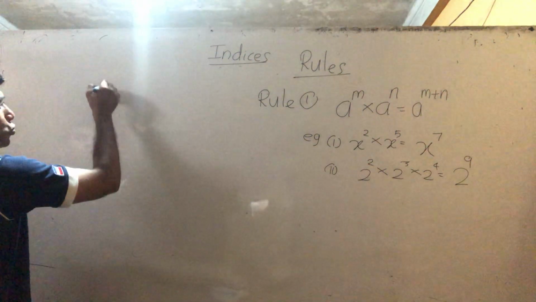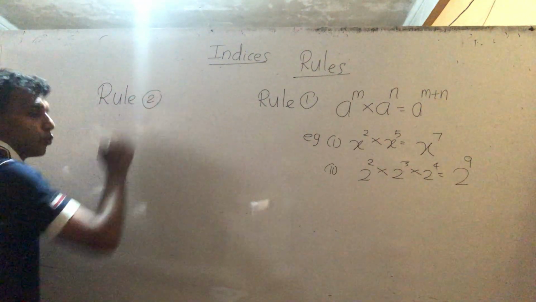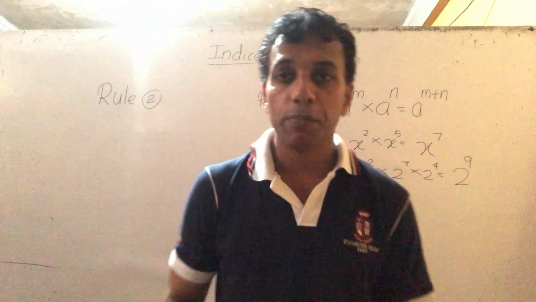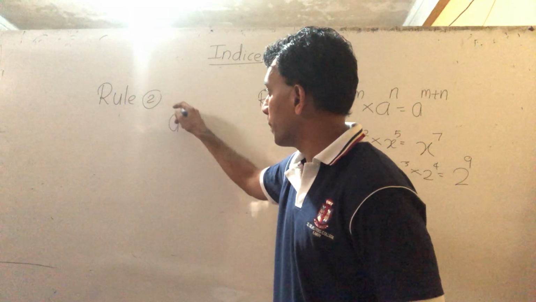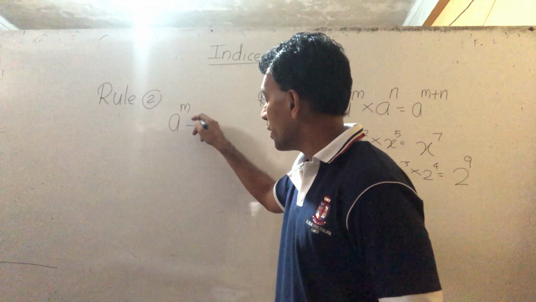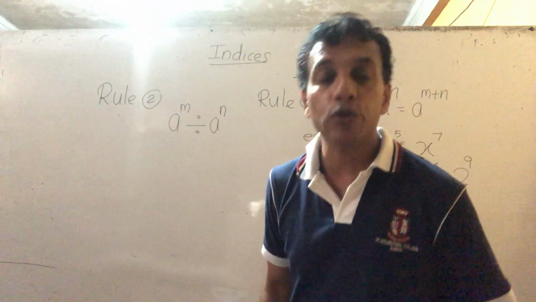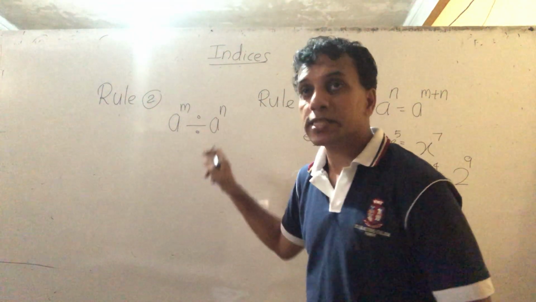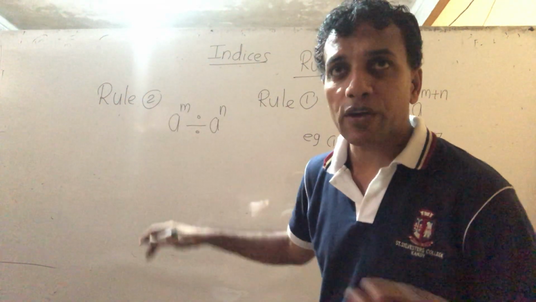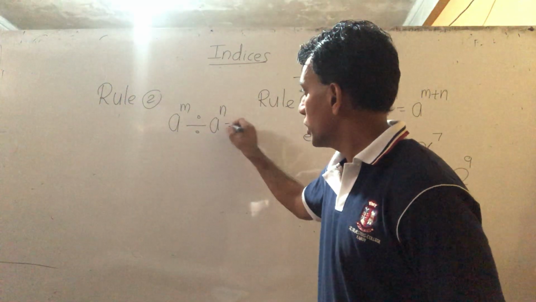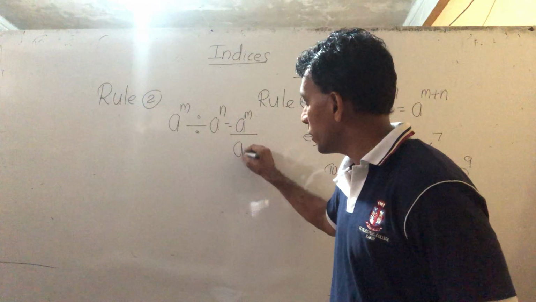Next write rule number 2. Rule number 2 of indices states like this: a to the power m divided by a to the power n. Dividing rule. If the bases are same, when dividing, subtract the powers, right? This divide I can write like this also: a to the power m over a to the power n.